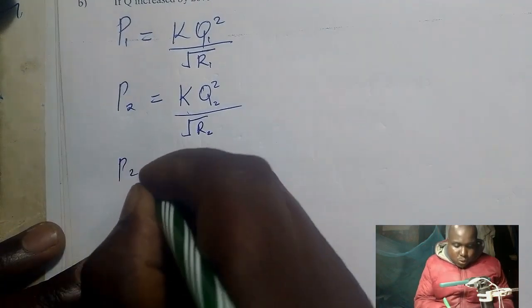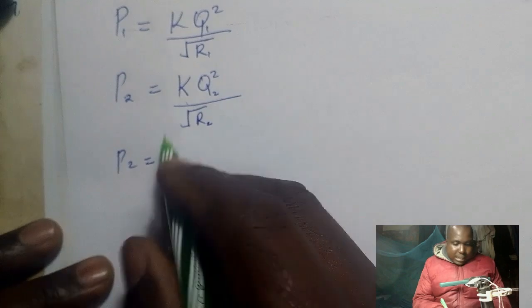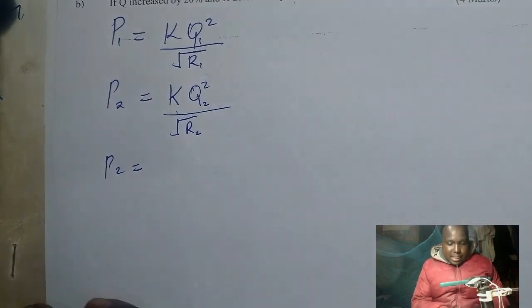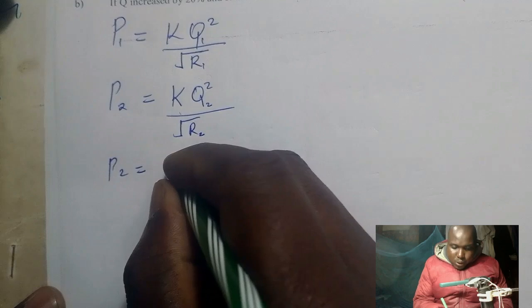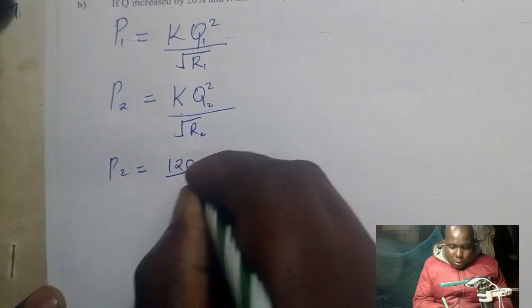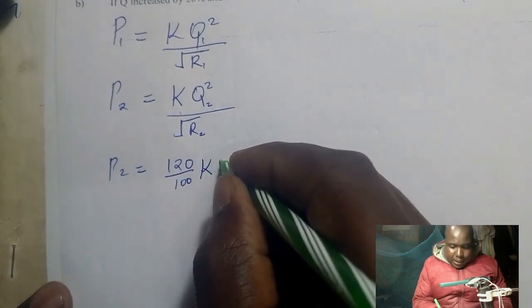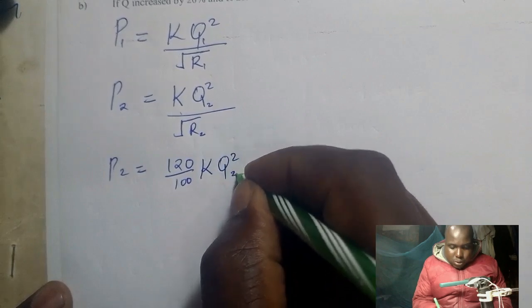Now let us increase. So P2 is going to be, we are going to increase Q by 20%. Initially it is 100%, so it is going to be now 120. So we are going to have 120 over 100 times K Q2 squared.